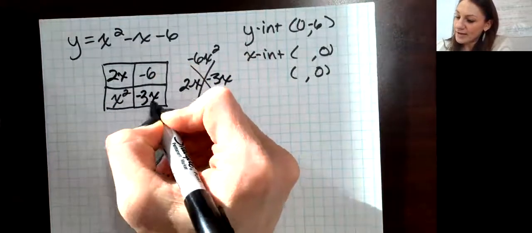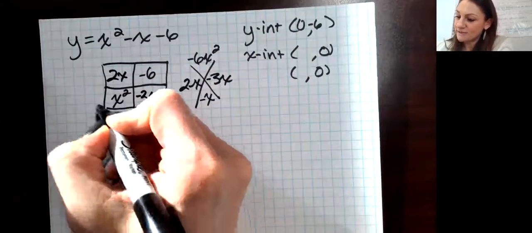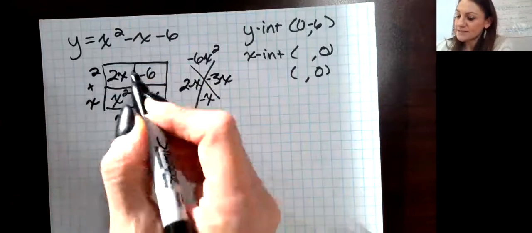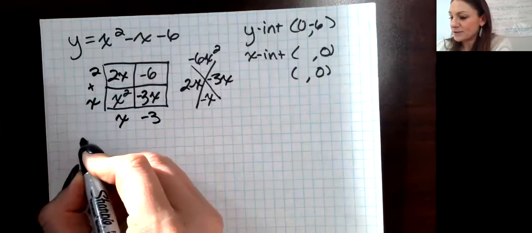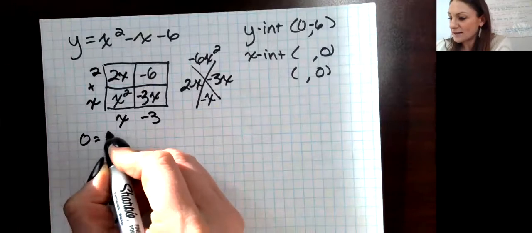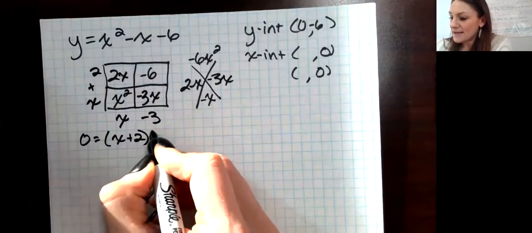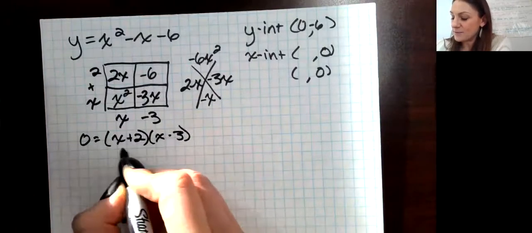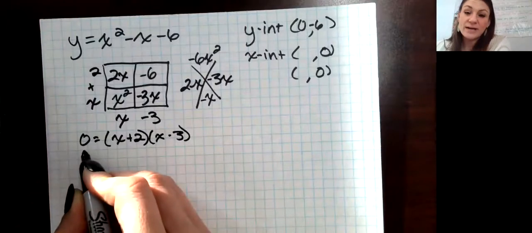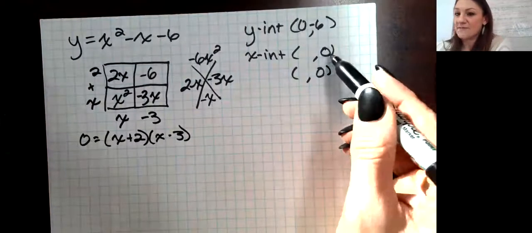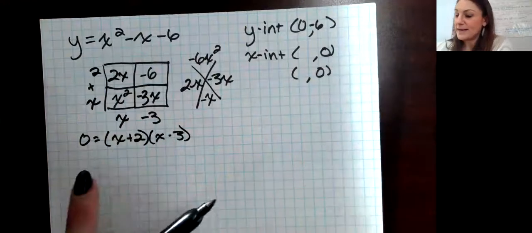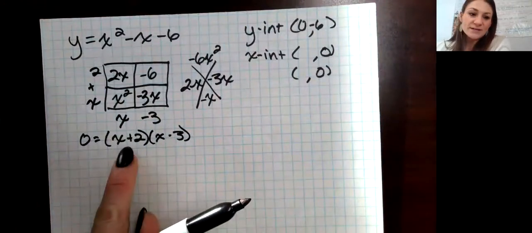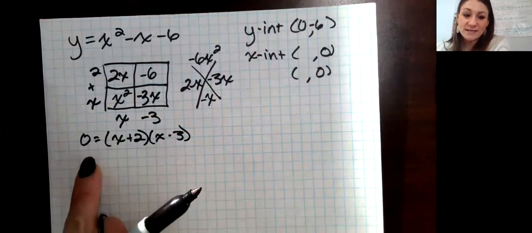So now I go ahead and find the dimensions of the rectangle. This will allow me to now change this quadratic from a sum to a product. I put 0 in for y so that I can find the x-intercepts. Now, two numbers are being multiplied to give me 0.